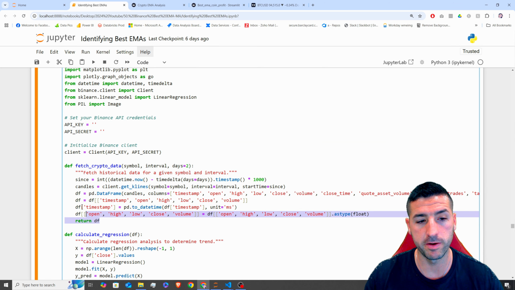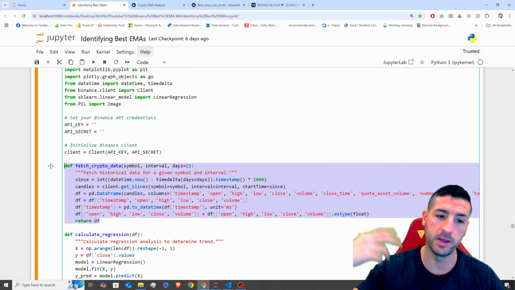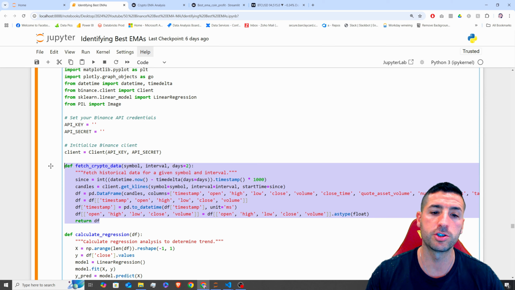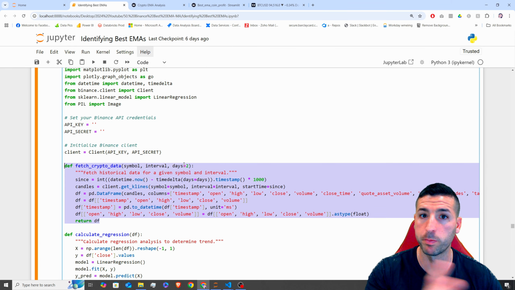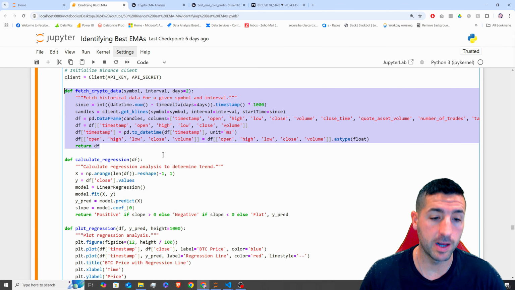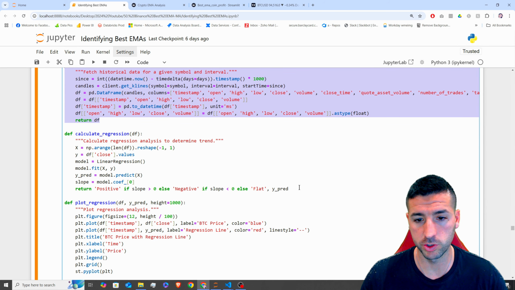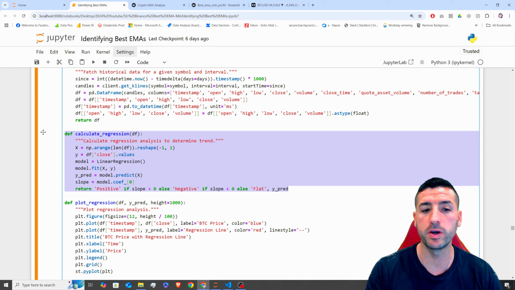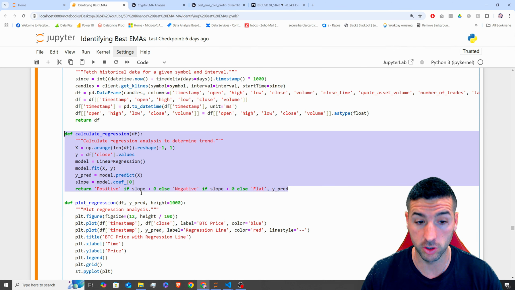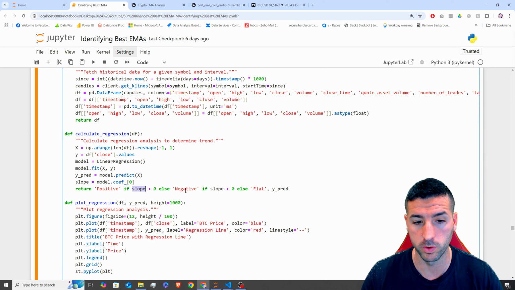Next, we have our first function, which we have explained in the previous video. This function basically takes symbol, interval, and days, and it returns data back to us. So it pulls data from Binance API. Right, next we have the calculate regression function, which we have explained in the previous video. So this function takes Bitcoin's price, it runs regression, and then it returns the slope, whether it's positive or negative.